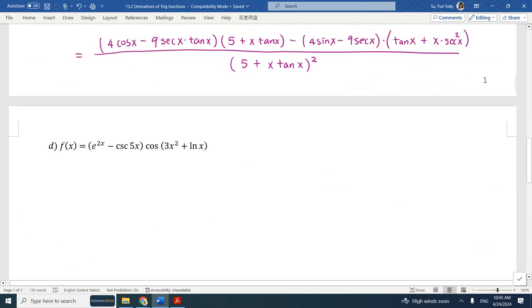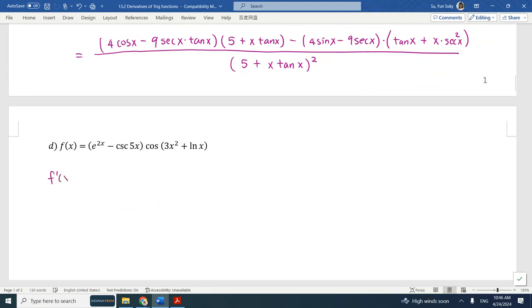And part D. Ooh, something times something. What do you do? Product rule, right? So let's write down the product rule. So that's the U, right? Copy down the U. Oh, I copied down the wrong thing. Be careful. U prime, right, everybody?